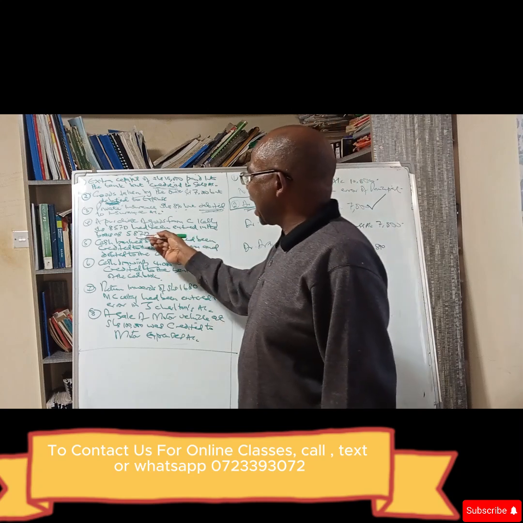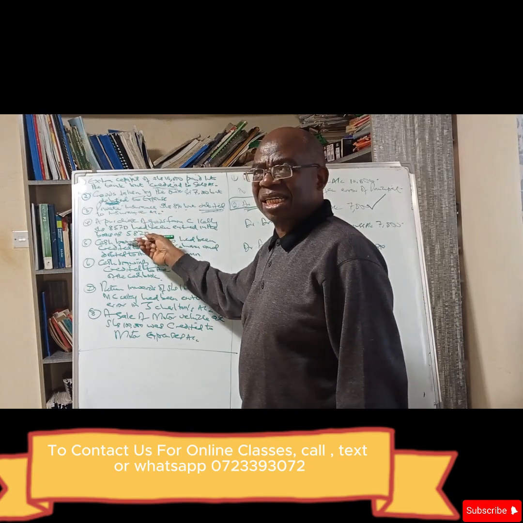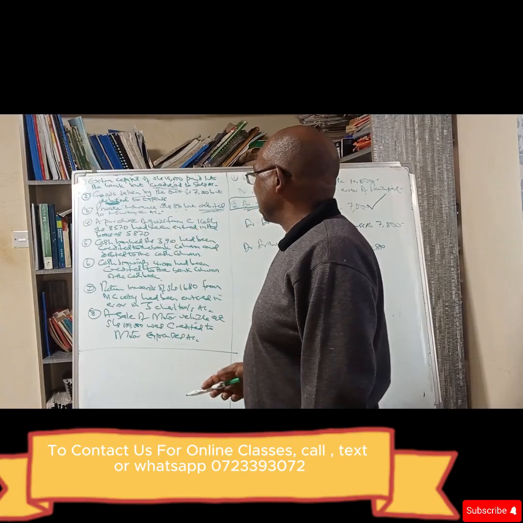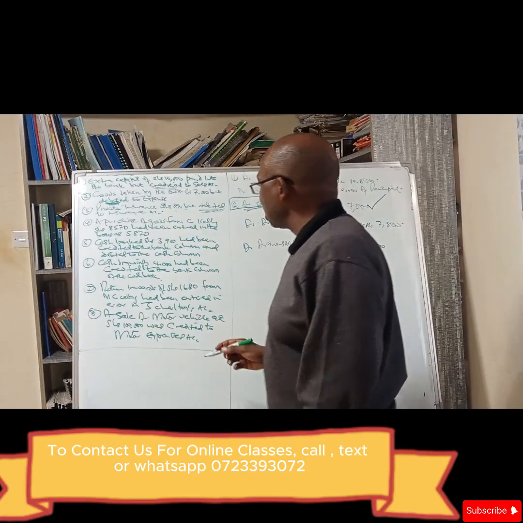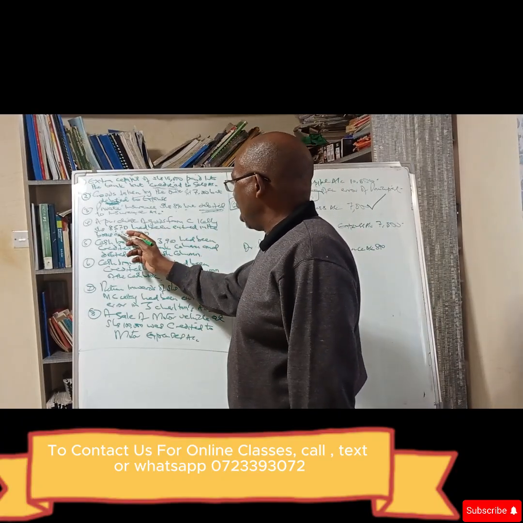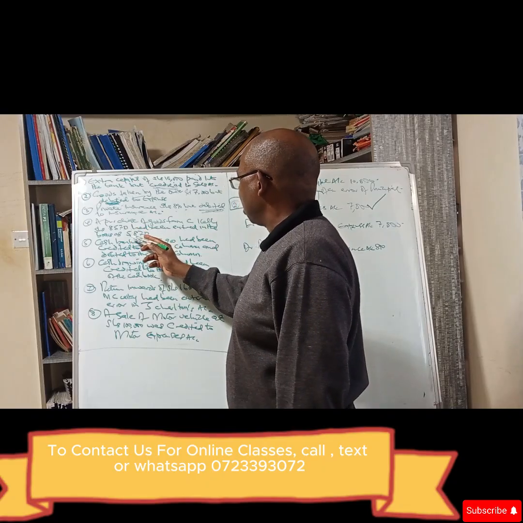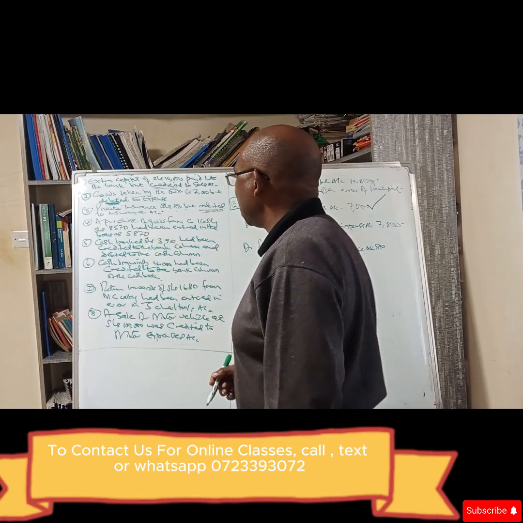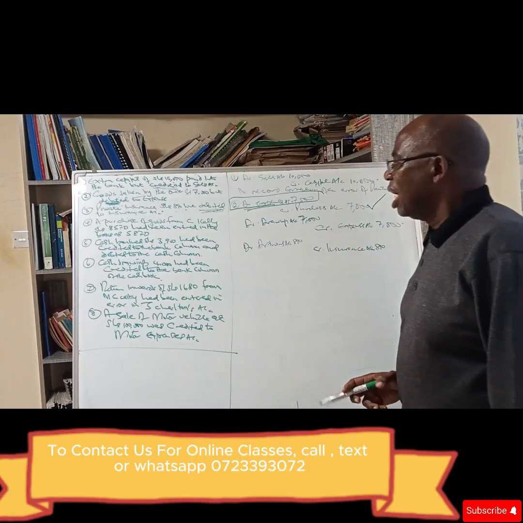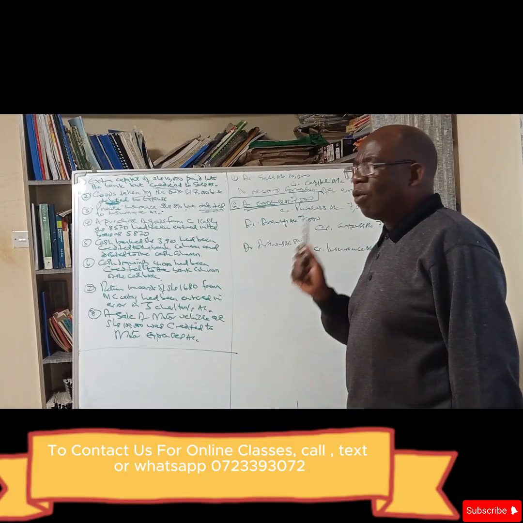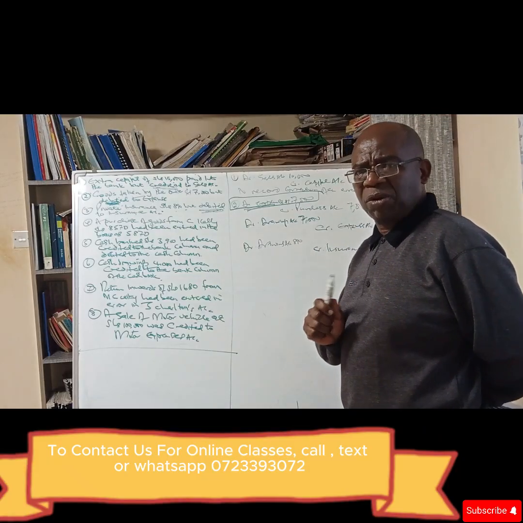So it was understated, and the difference is 8,570 minus 5,870, which is 2,700. In other words, this entry was understated.